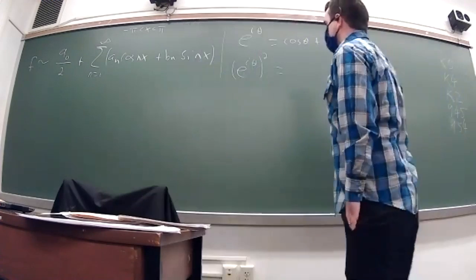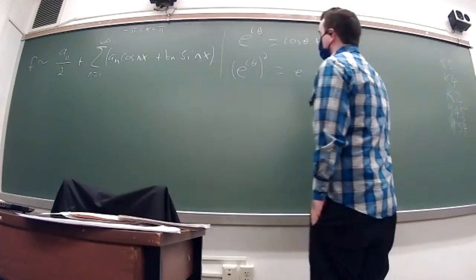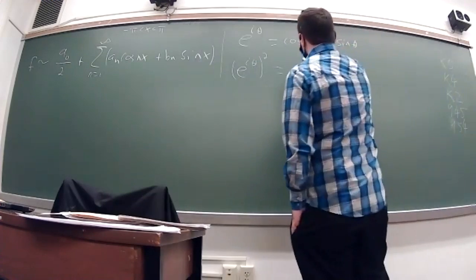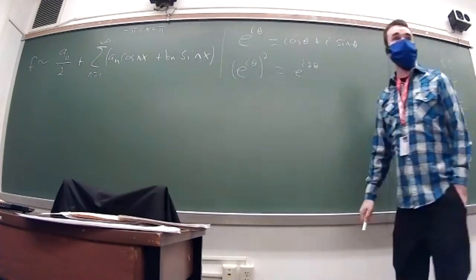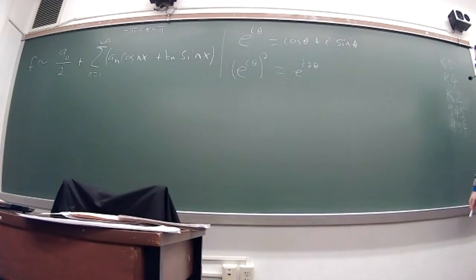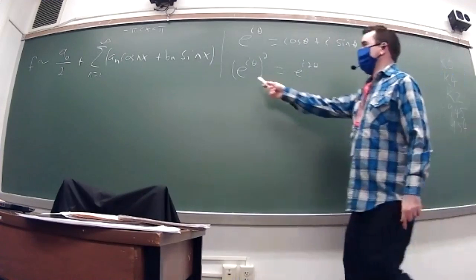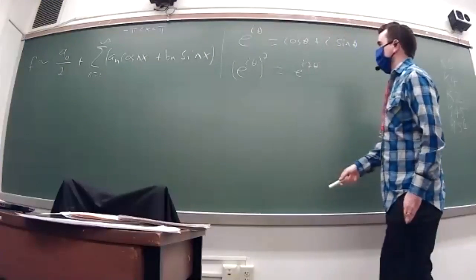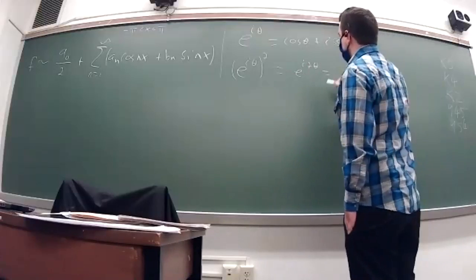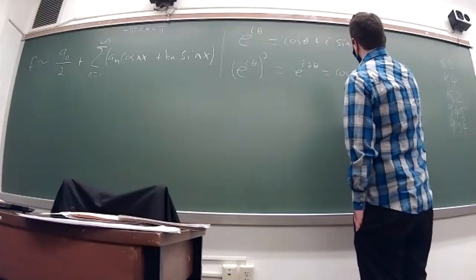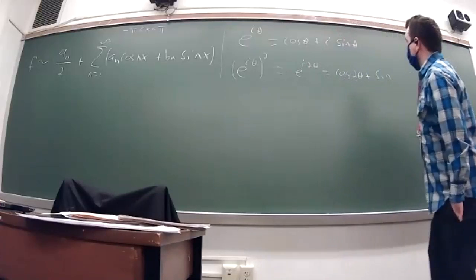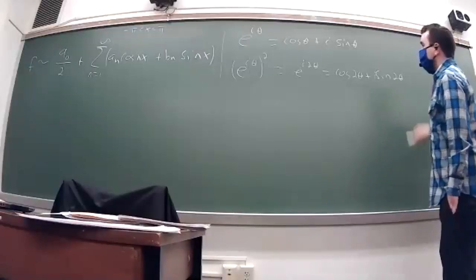You square the exponential function, and this is what? e to the i 2 theta? So this is why mathematicians like exponential functions more than working with these individually, right? Because you can do nice things like this. So this is cosine 2 theta plus i sine 2 theta.